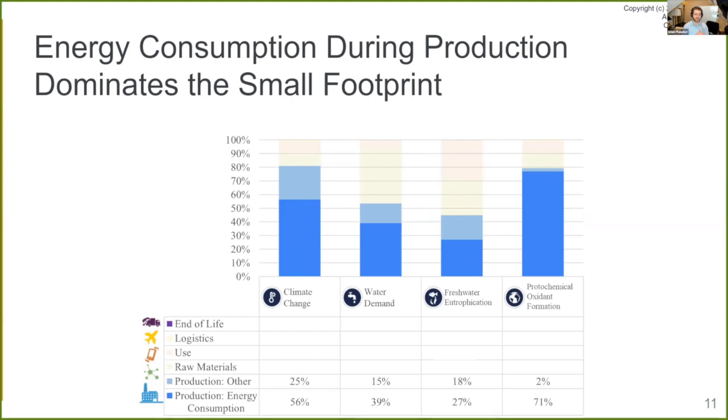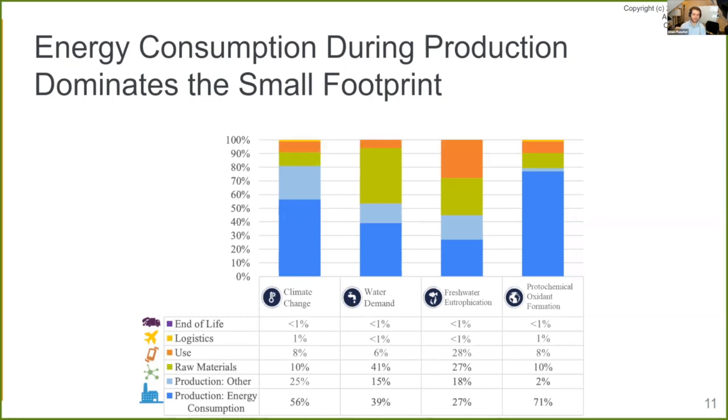But if we build up the rest of the chart, just finishing it off, raw materials is another huge portion of this, extraction of these raw materials. And again, reuse and recycling will remove the need for that. And then the use one, which is basically the rest of it, is again mostly energy consumption.